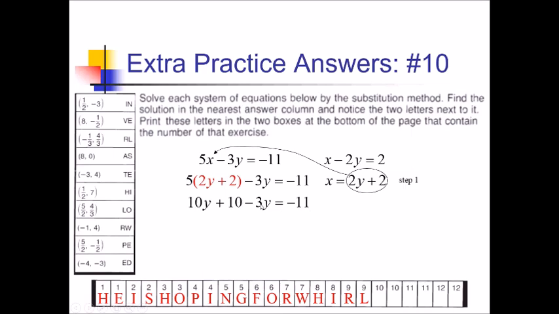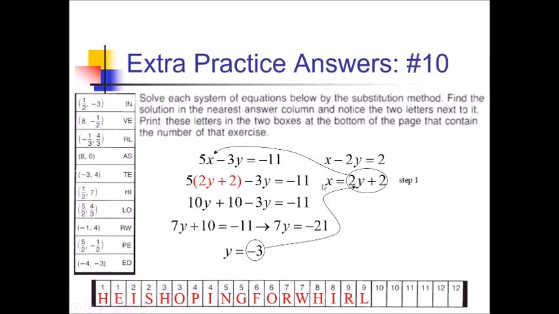Let me clean up the left side a little bit now by combining like terms. 10y minus 3y, that's going to be 7y. And now if I subtract 10 from both sides, negative 11 minus 10 gives me negative 21. And then finally, if I divide both sides by 7, we have y equals negative 3. All right, now that I've got the value of y, I can plug that negative 3 back in up here. I'll use this isolated equation, and that'll help me find the value of x.